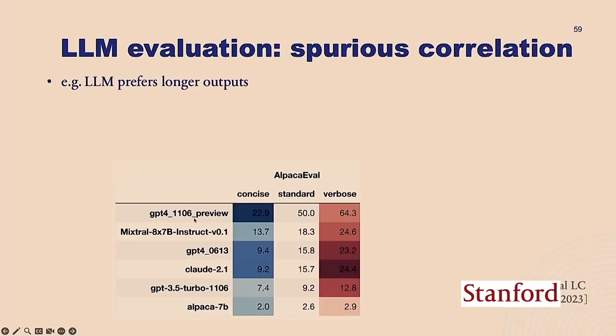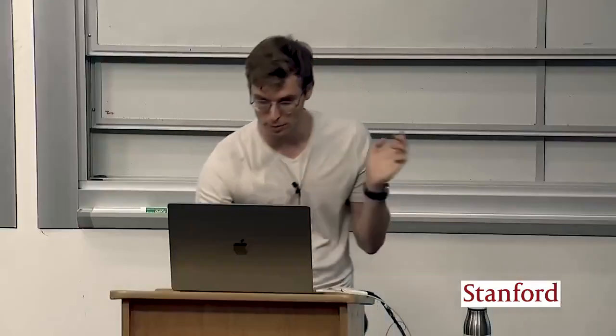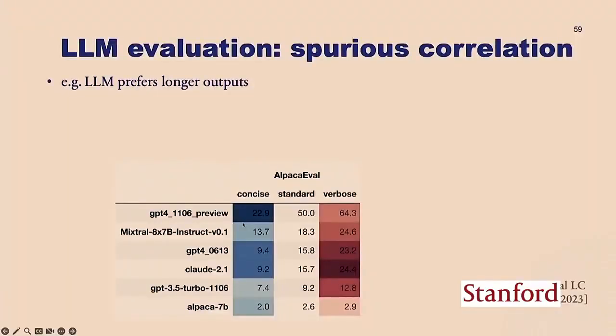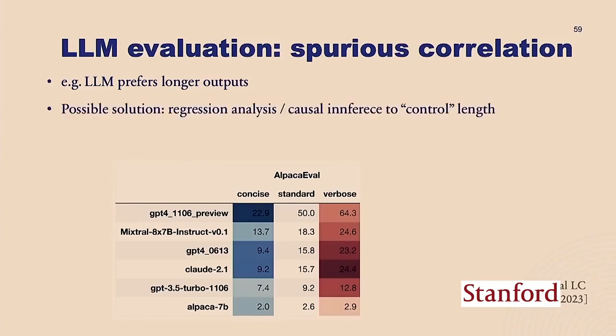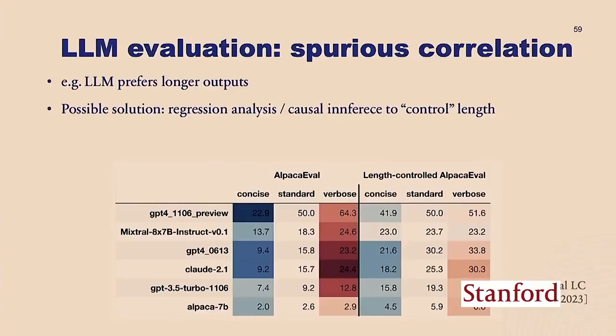But if we ask GPT-4 to be slightly more verbose, we just say in the prompt, be verbose in your answers, it gets a win rate of 64.4%. So there's really a huge variance. And if we ask it to be concise, it gets 20%. That's very annoying. So one possible solution, which is what we did, is to use some regression analysis. I'm not going to go into details, but basically use causal inference tools to control for length. And right now, length matters much less. If you ask it to be verbose, you still get some gains, but much less.